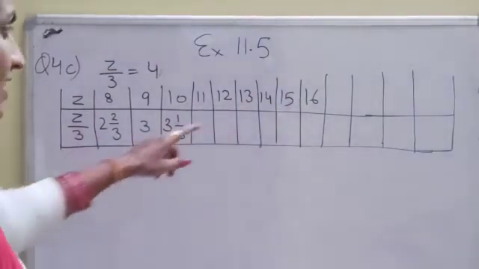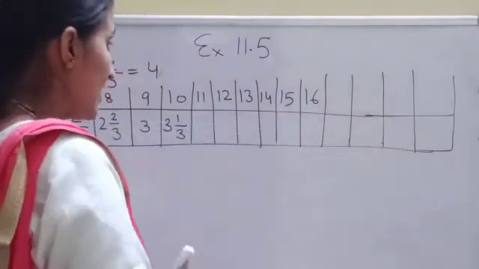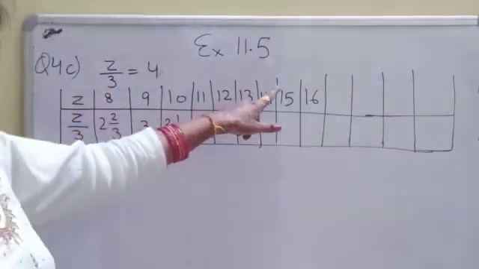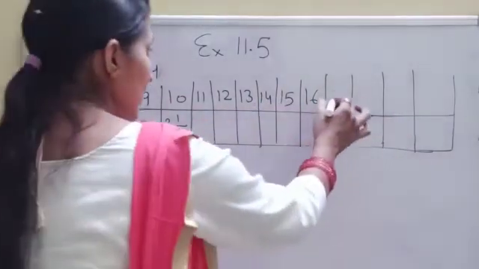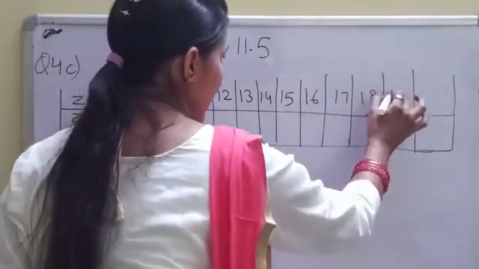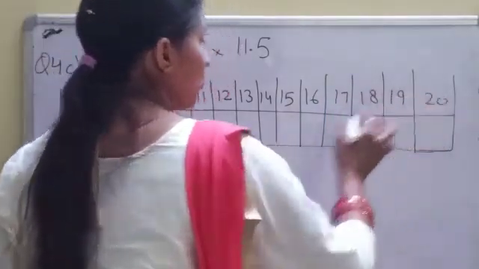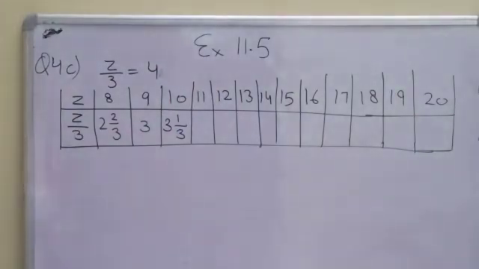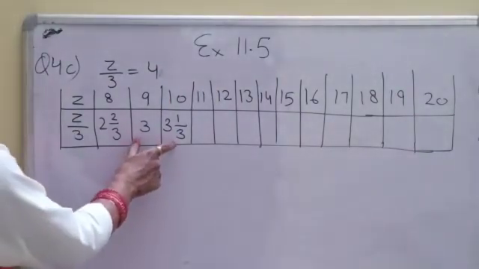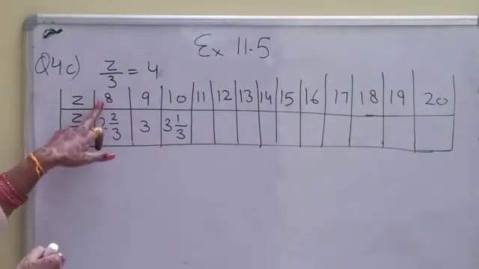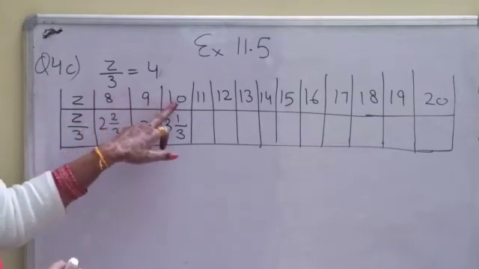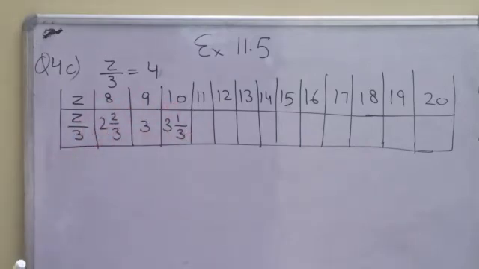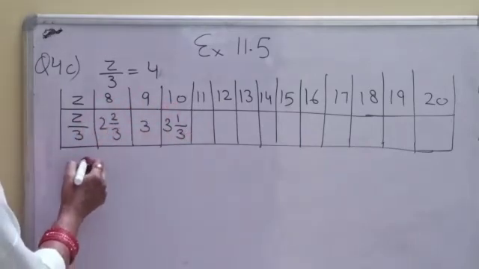As you can see, these blanks are given to us in counting form. So after 16, 17, 18, 19 and 20 we will write. Fine. Now for these three, he has put the value of z as 8, 9 and 10 and found these answers. Now let's start with 11.